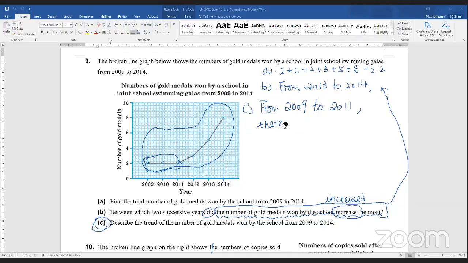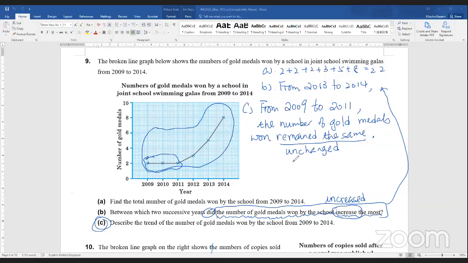Maybe use this one. It is talking about gold medals. No change, or remain the same, or unchanged. Okay, can use this word.